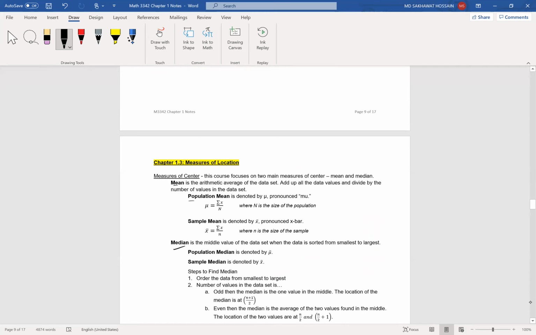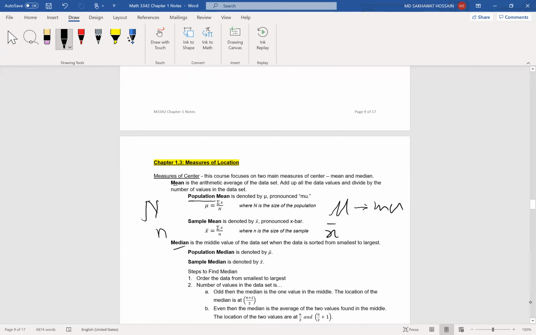If we calculate the mean from the population, then this is called the population mean, which is denoted by mu. So mu is for population mean, and we use x bar for the sample mean. For the sample size, we use a small n, and for the population size, we use capital N.